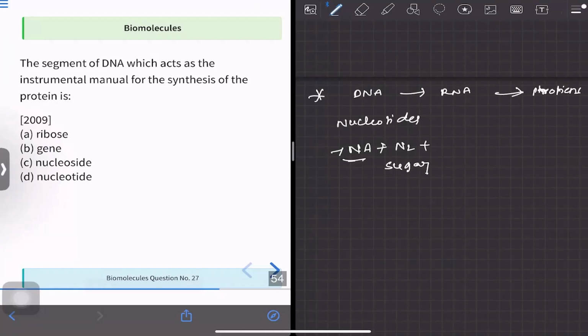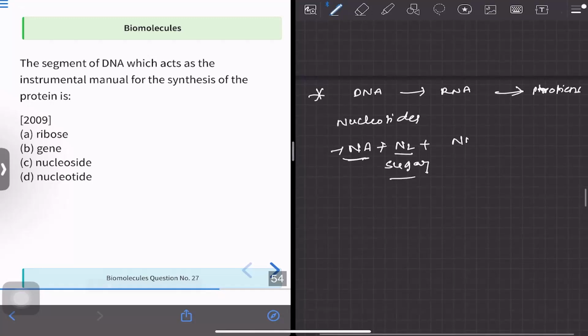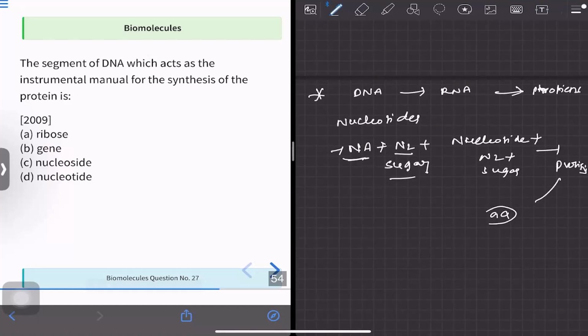Nucleotide is made up of phosphate, nitrogen base, and sugar. Proteins are linked by amino acids. Protein is made up of amino acids. When DNA is converted into RNA, RNA synthesizes protein.